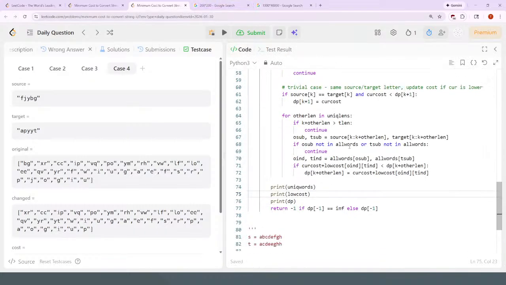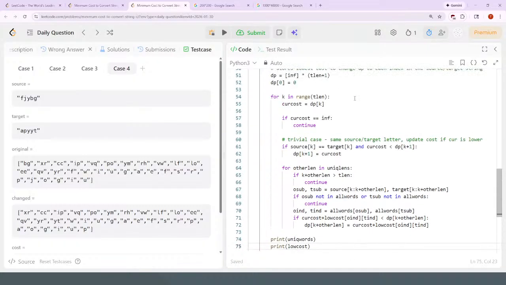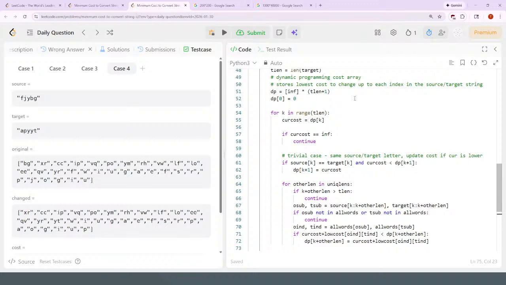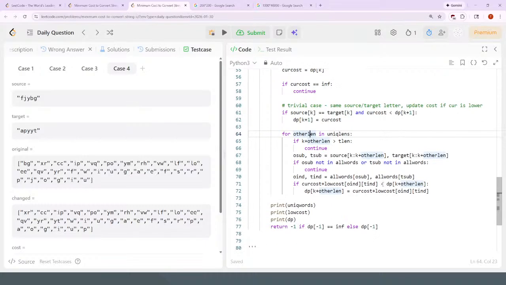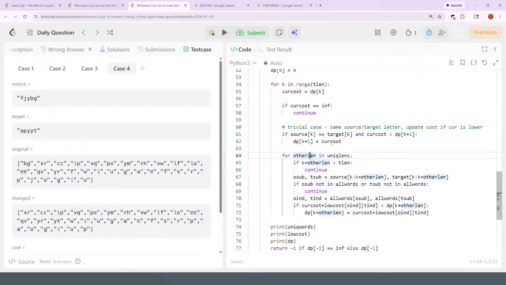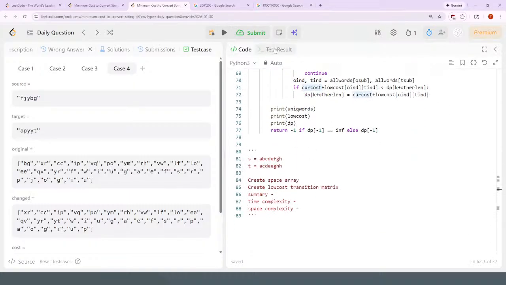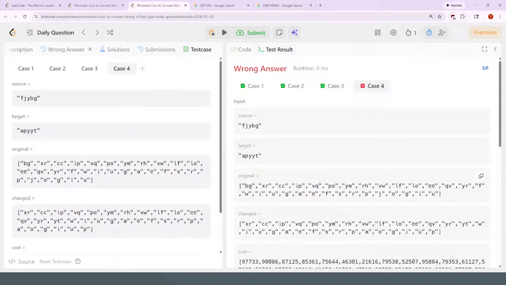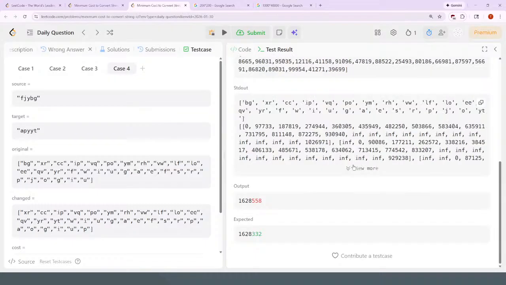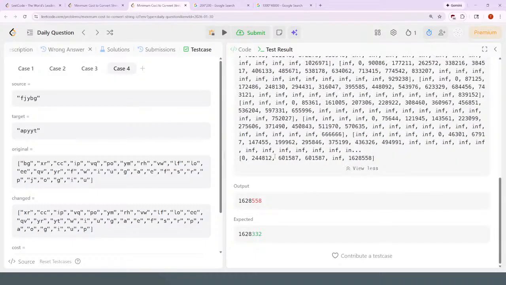Okay, given that, can I come up with something else? Zero, 20, 44K, 601K, 601K.